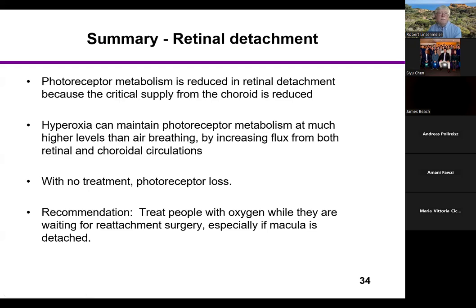So in retinal detachment, the photoreceptor metabolism is reduced because the critical supply from the choroid is reduced, but hyperoxia can maintain photoreceptor metabolism at much higher levels than air breathing by increasing the flux from both the retinal and choroidal circulation. With no treatment, you do lose some photoreceptors. So we actually think it would be a good idea to treat people with oxygen while they're waiting for reattachment surgery, especially if the macula is detached.